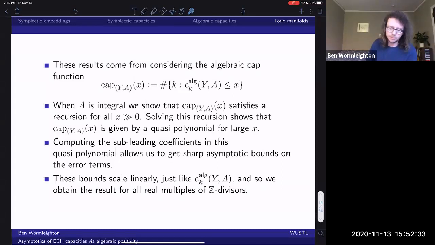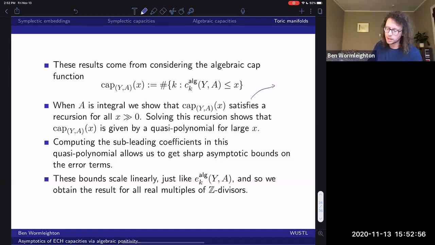So let me briefly say a word about where this comes from. We deduce these bounds on the error term from the cap function. The cap function turns out to be a lot more convenient to work with. So when A is integral, we show that for big enough x, this cap function actually satisfies a recursion.